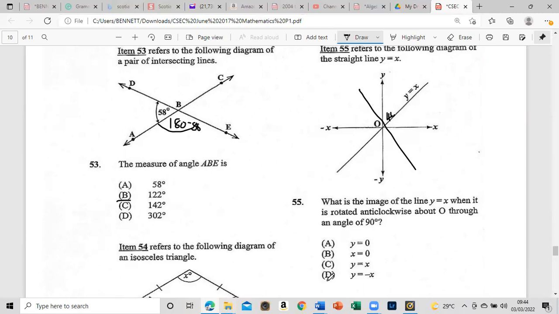It will be D, y equals negative x. Let's just say this was 1, then it is negative 1.